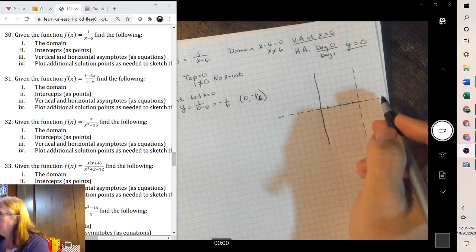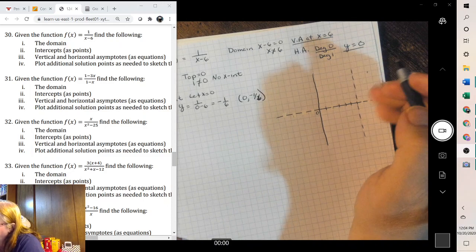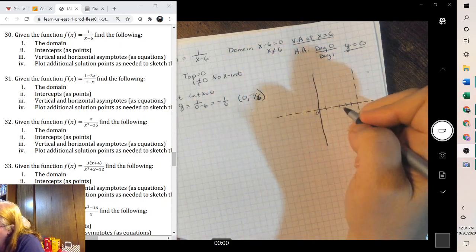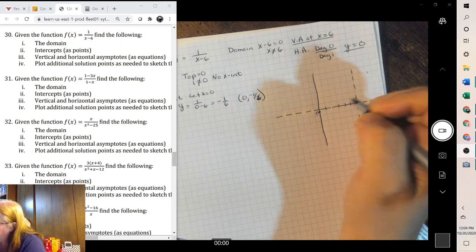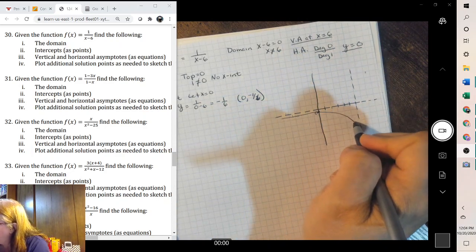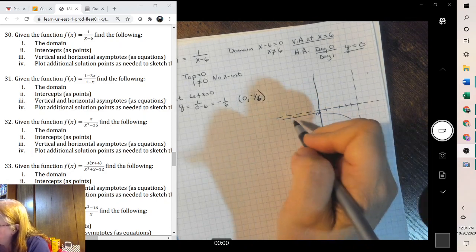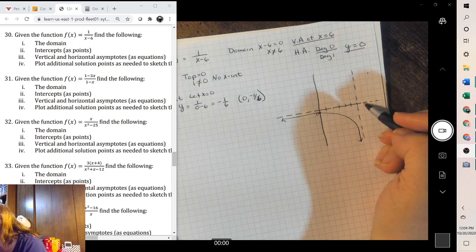So our axis is an asymptote. Our point, we have negative 1/6, so about here, which means this is going to approach the dotted line, so it's going to go like this. Which means we need one more point over here.